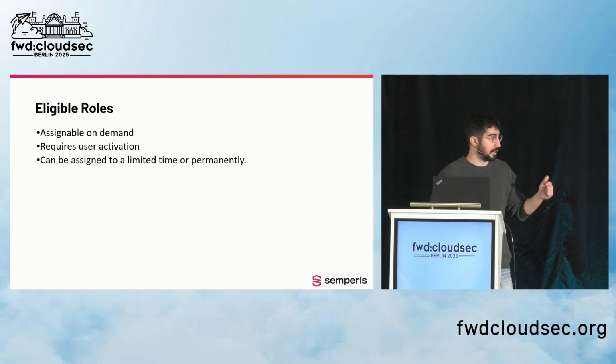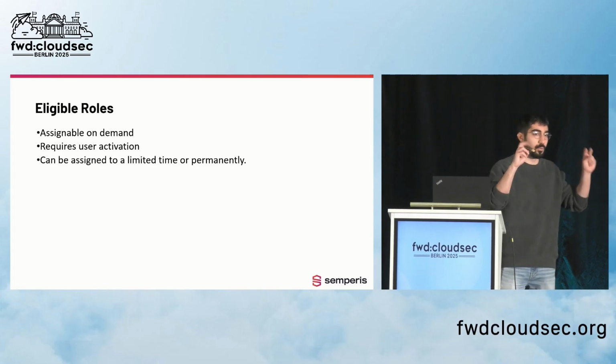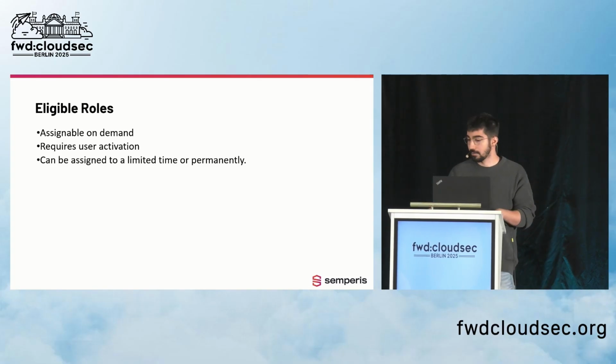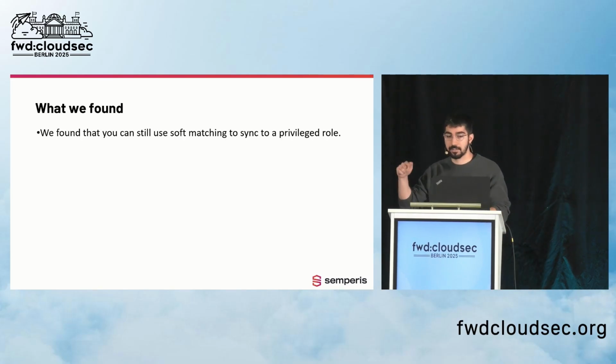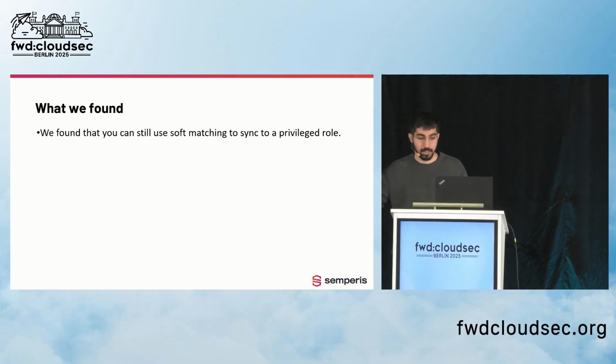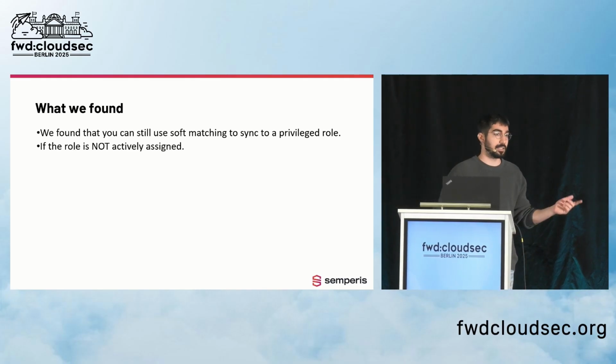But in order to actually acquire this privilege, you need to activate it from the UI or code. They can be assigned for a limited time or permanently, but this is also true for active roles. So what we found is that you can still use soft matching to sync to a privileged role in Entra ID if it's not actively assigned, but eligibly assigned.